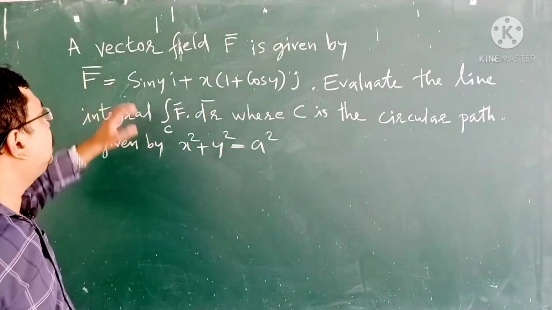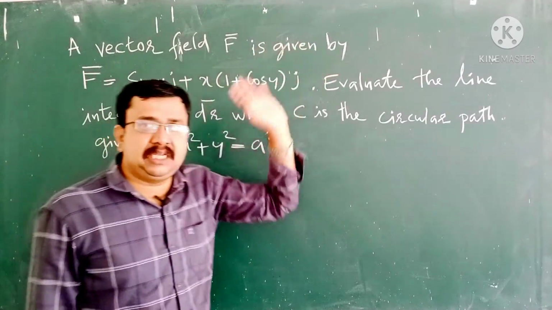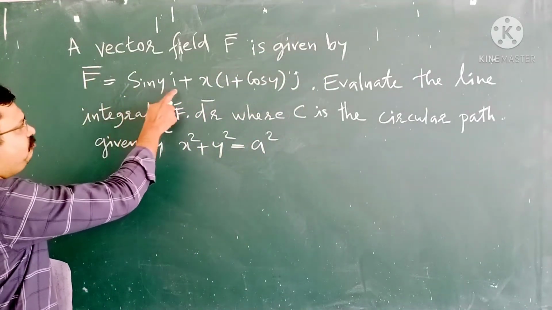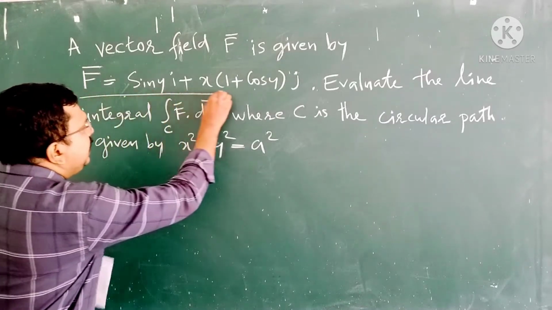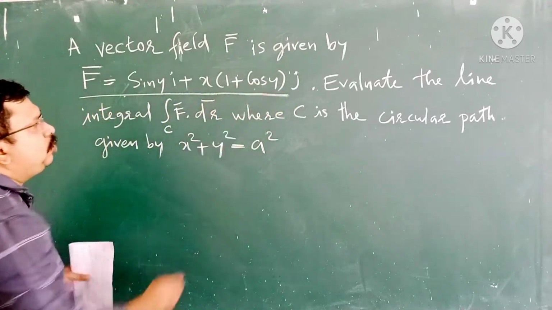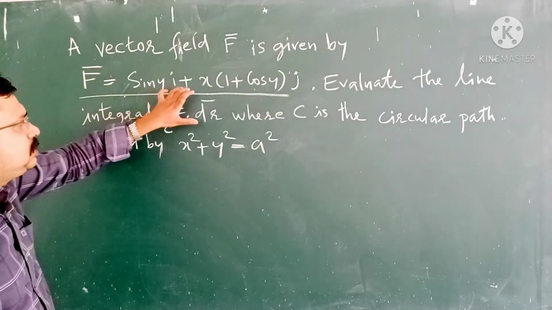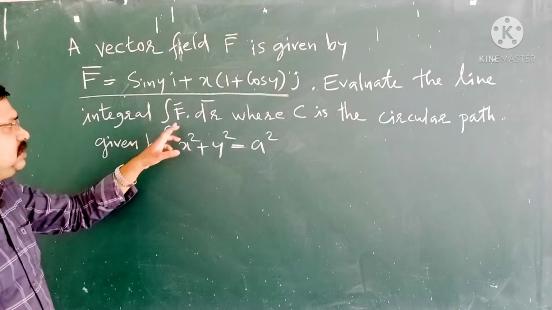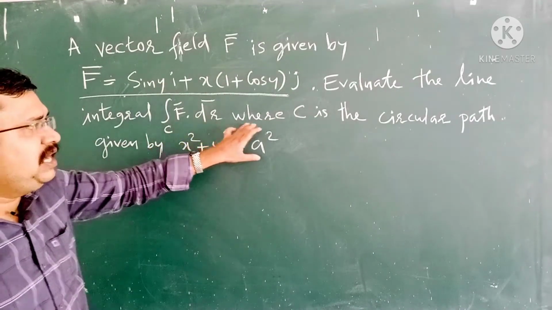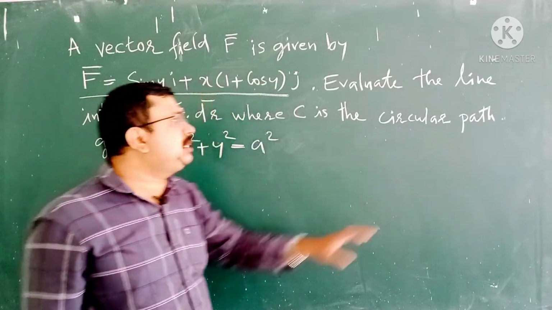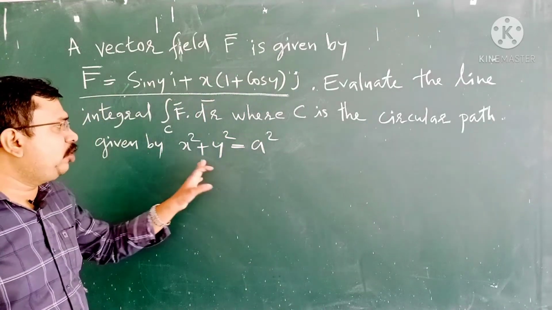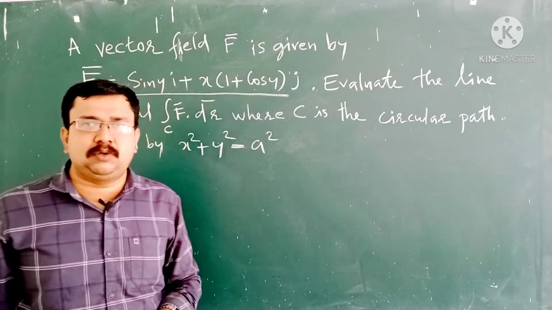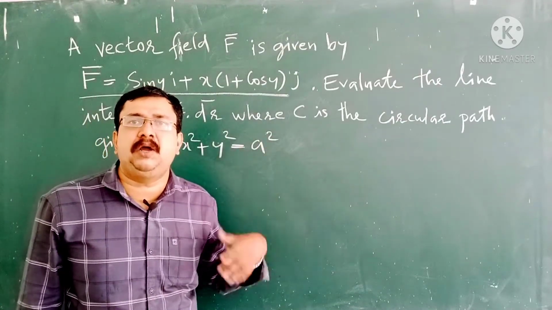Our question is, listen. A vector field F is given by vector F equals sin y i plus x into 1 plus cos y j. Evaluate the line integral over C of F dot dr, where C is the circular path given by x squared plus y squared equals a squared. Okay, how to solve this question? First you may write this question in your notebook.